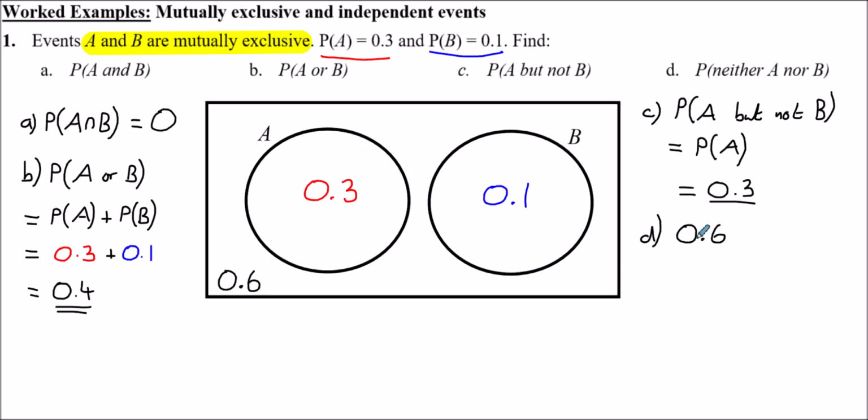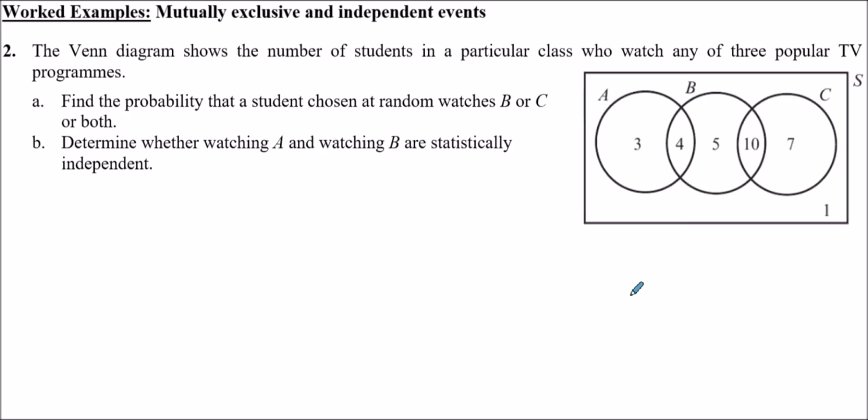So that's how it works with a fairly simple example. Let's have a look at a couple of harder ones. So question 2, we've got a Venn diagram showing the number of students in a particular class who watch any of 3 popular TV programs. We're asked to find the probability that a student chosen at random watches B or C or both.